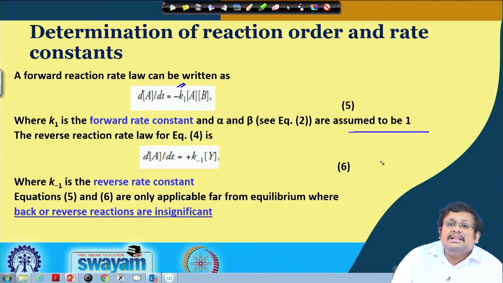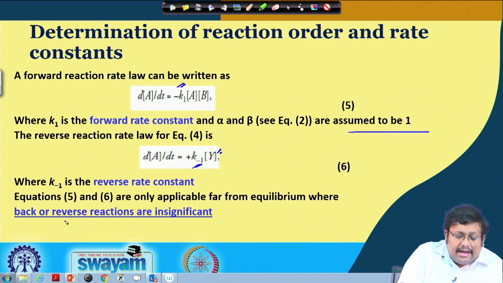You know alpha and beta are the partial orders of A and B. Now, the reverse reaction is dA/dt, and here you can see it is positive, because in the reverse reaction there is a generation of the reactant. Here it is the reverse rate constant times the concentration of Y, which is the product in the forward reaction, and in the reverse reaction this Y becomes the main reactant.